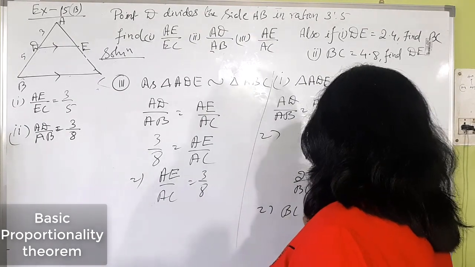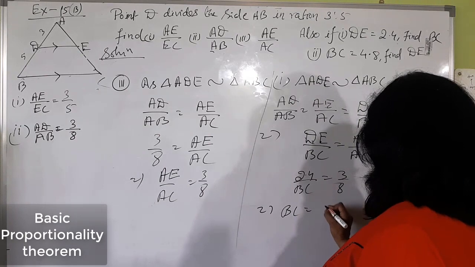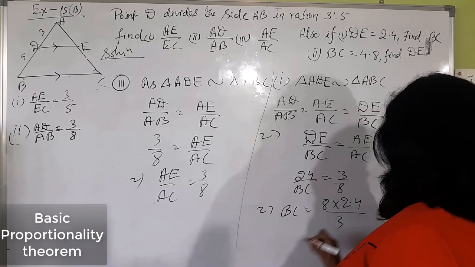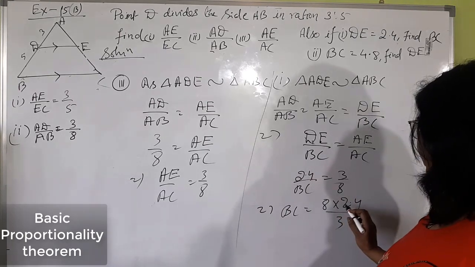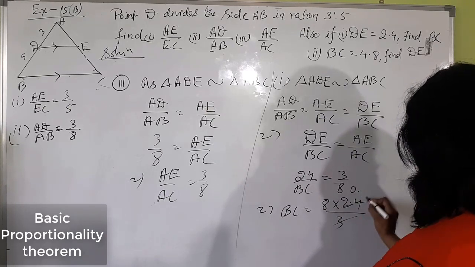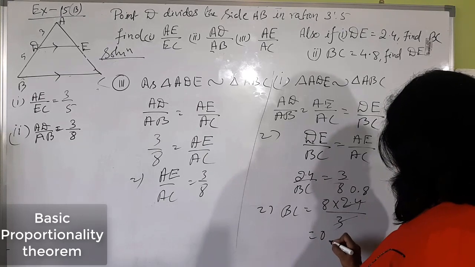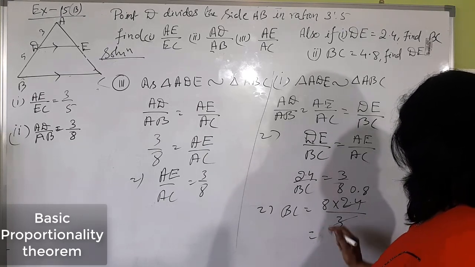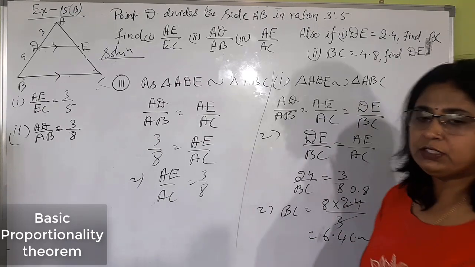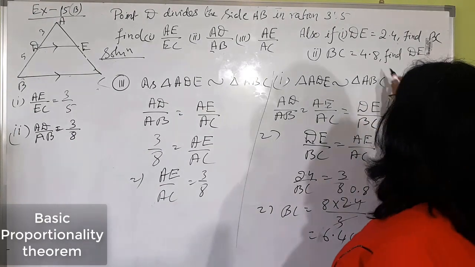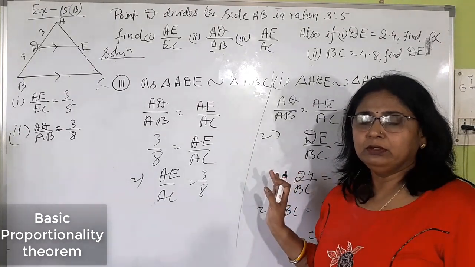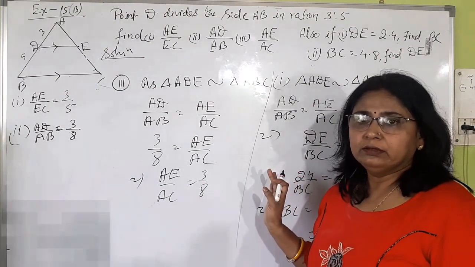Implies BC is equal to, by the cross multiplication rule, 2.4 into 8 by 3. 0.8 into 8 is 6.4 centimeters, and similarly we can get the second number also. I hope you understand all the concepts and can now proceed ahead. Okay, thank you.